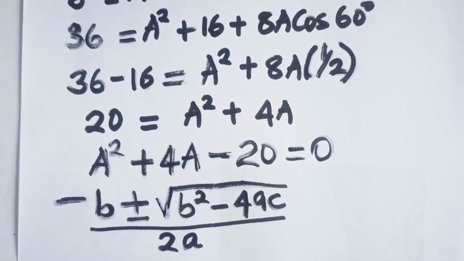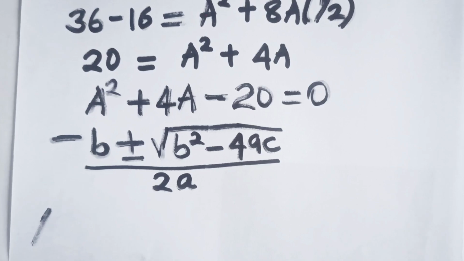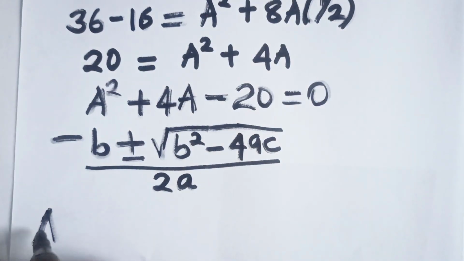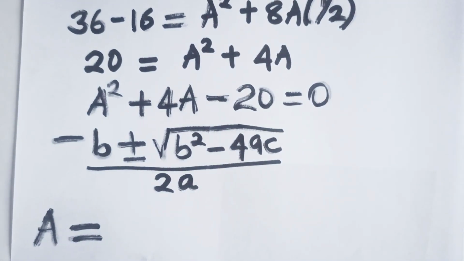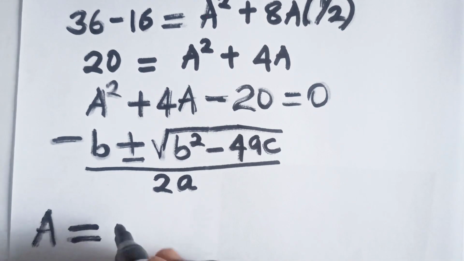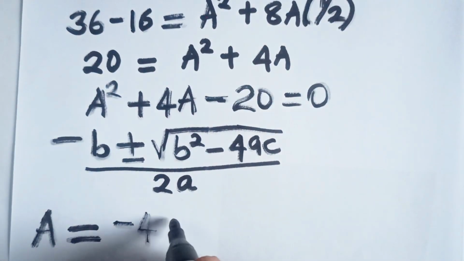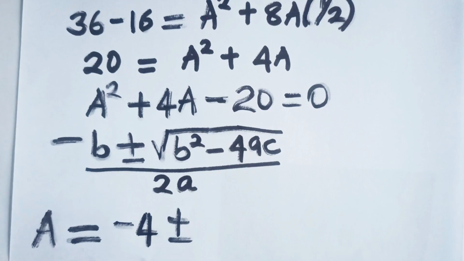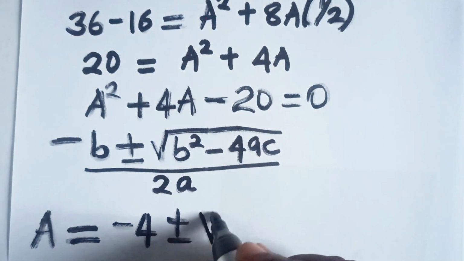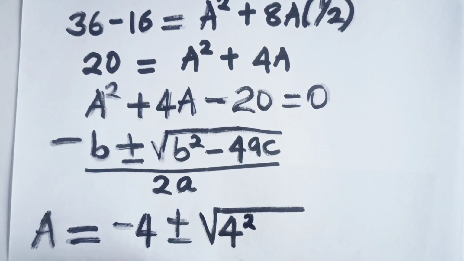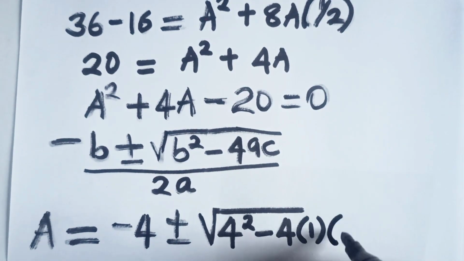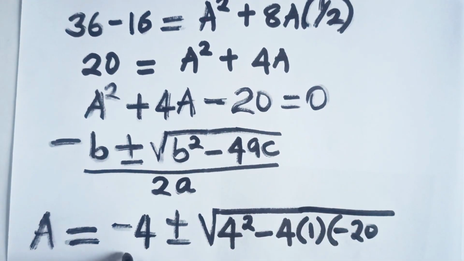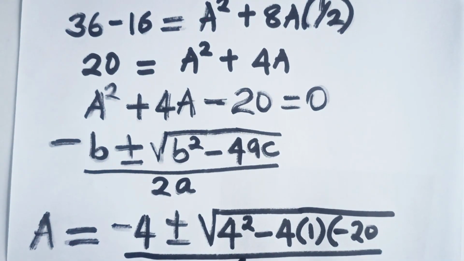So this will be equal to A is equal to minus 4 plus or minus square root of 4 squared minus 4 times 1 times minus 20, divided by 2 times 1.